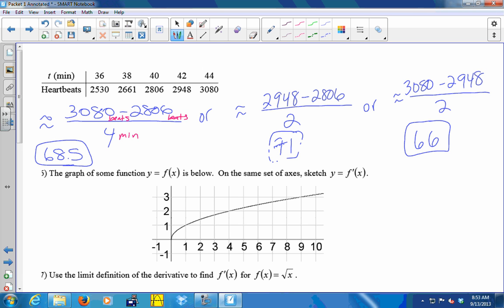So 68.5 is beats per minute, and the units are going to be the same on all of them. So that is giving us a heart rate for this patient. How many beats per minute on average? Those are pretty normal, right? I think. Anybody know?